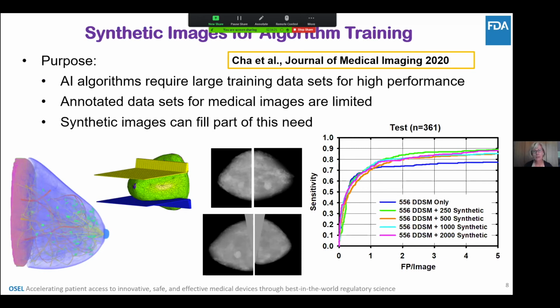The results you see here on the right show that if you only had actual clinical cases, your performance was this blue line, and he investigated what happens as you add more and more synthetic data sets in your training and then test on actual clinical images. So that says this is a tool that can be used to support developers of devices and bring down their need for actual clinical data.